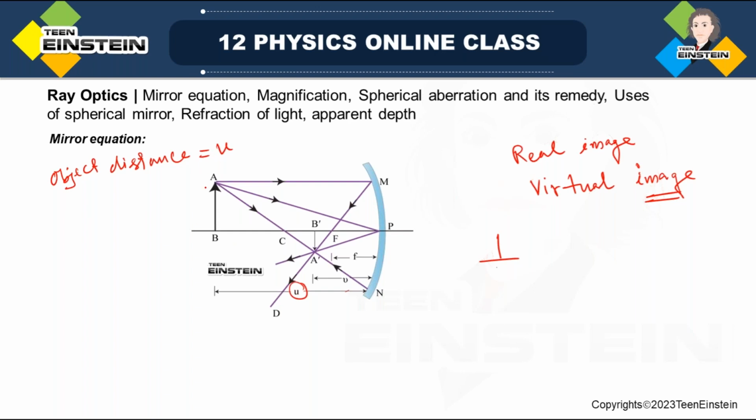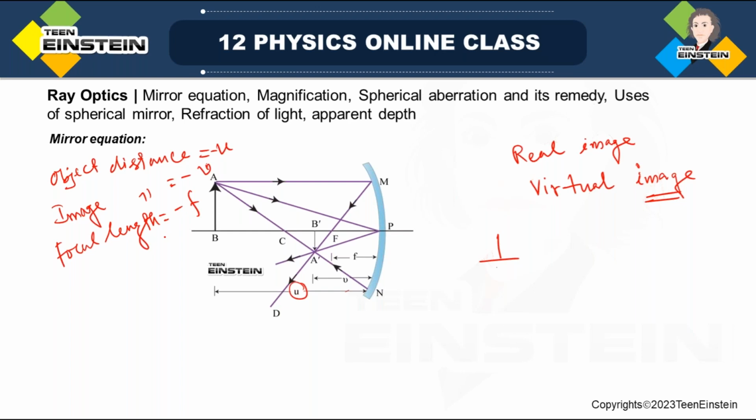According to sign convention, the object distance is minus u, the image distance is minus v in this case, and the focal length is minus f.